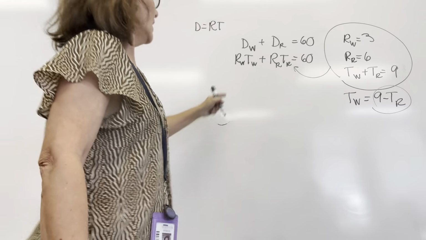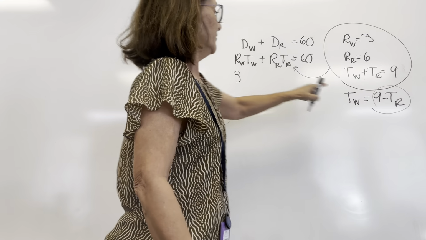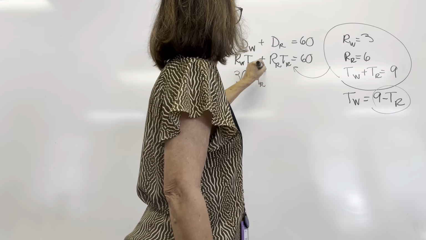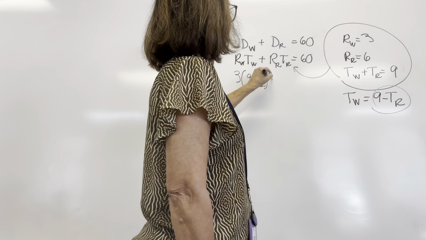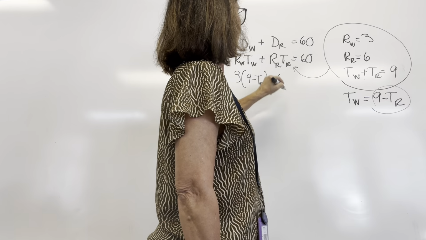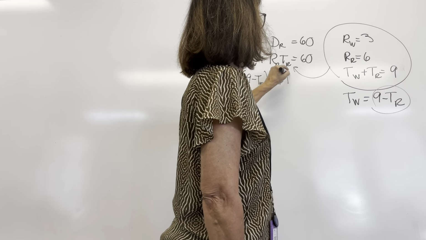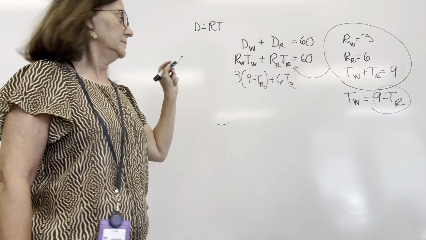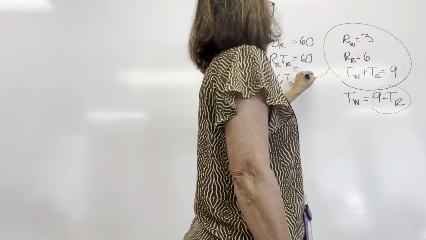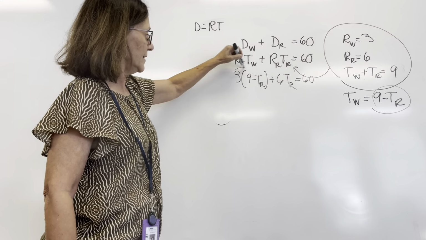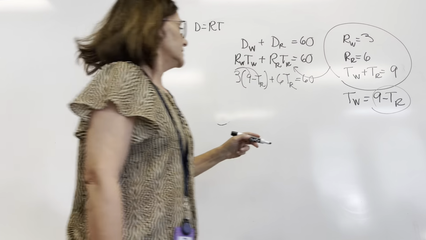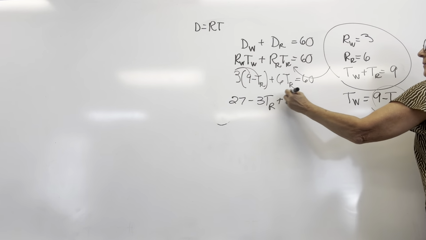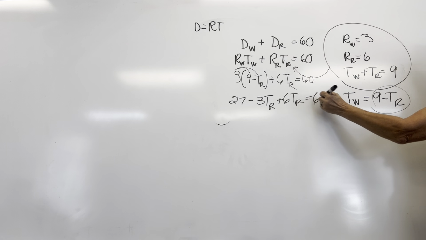All right, so the rate walked is 3. For TW, we're going to put in 9 minus TR. The rate rode is 6. We're going to leave TR as TR because at this point you only want one variable. And it equals 60. So distribute the 3. 27 minus 3TR plus 6TR equals 60.